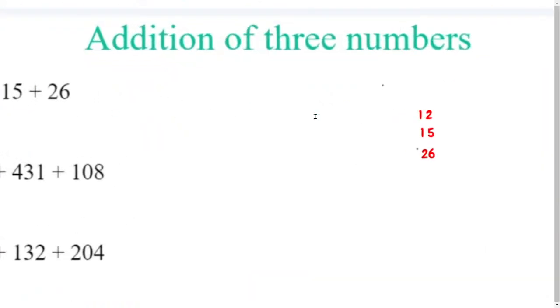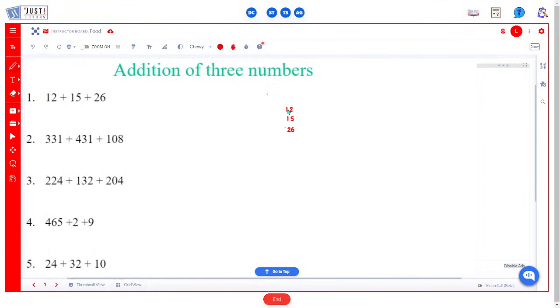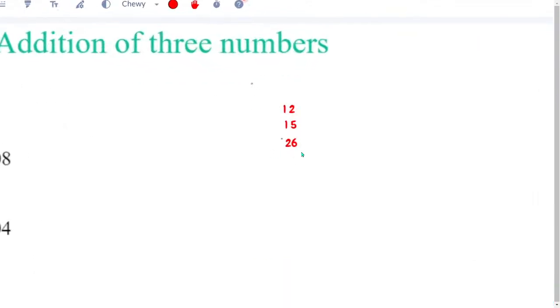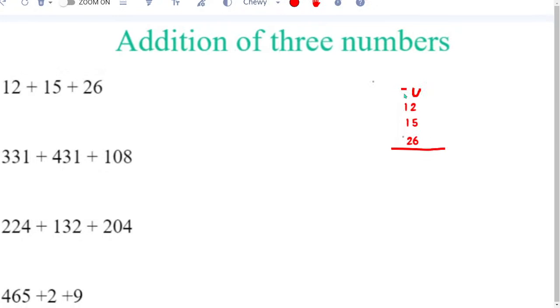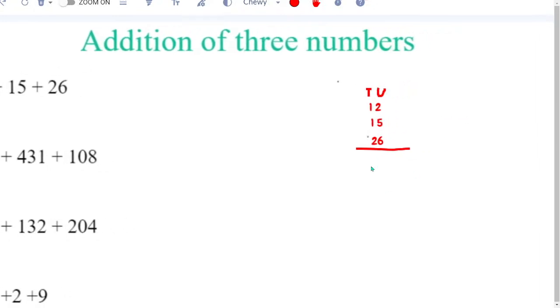Now I have to try adding these three numbers. So I would begin with the ones or the units column. This is the units and this is the tens, right? So I would start with the units column. So 5 add 2 is 7, and 7 add 6 is 13. So I would write a 3 here and bring the 1 up. Now 1 plus 1 plus 1 is 3, plus 2 is 5.